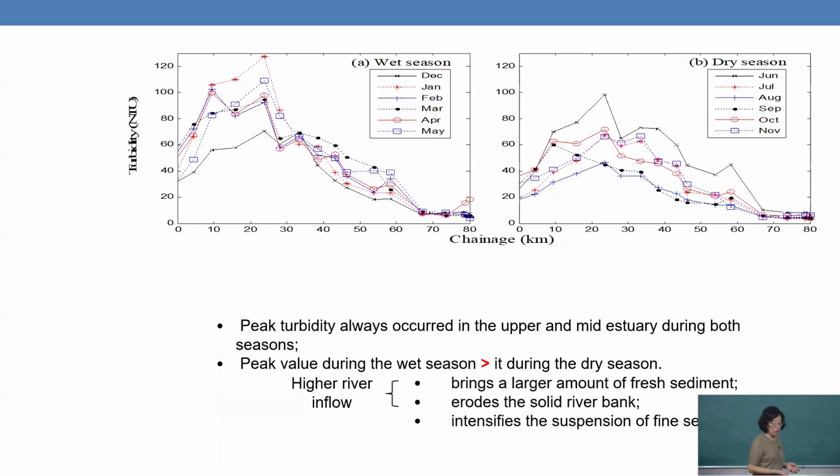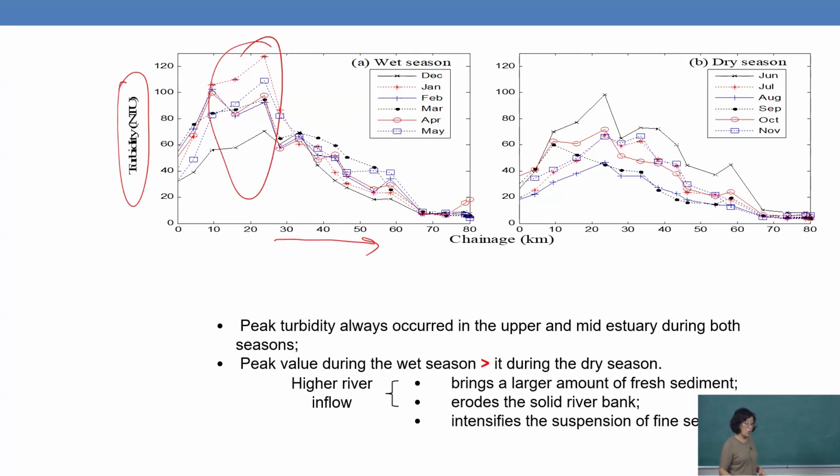Again, this diagram also shows the peak turbidity in the river channel. This is the distance from the river mouth, and this is the turbidity. We are able to see that, no matter what season, that is the area where you always get the highest turbidity. That's in the wet season.